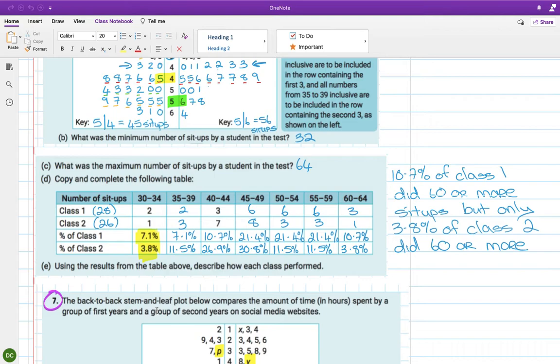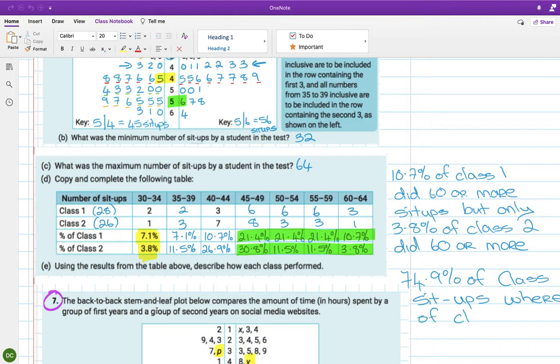So something like 74.9% of class 1 did, I'll move this over now, did 45 or more sit-ups, whereas only 57.6% of class 2 did 45 or more sit-ups.